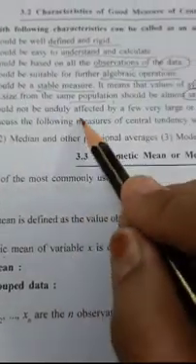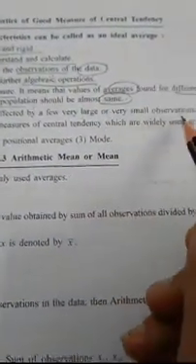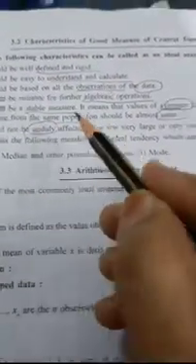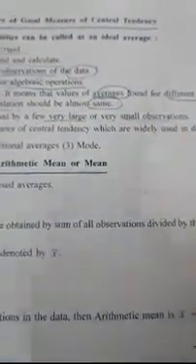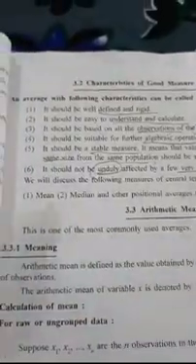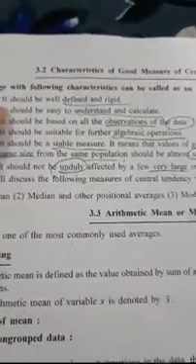It should not be unduly affected by a few very large or very small observations. The particular data should not be affected by very large or very small observations. It should be very appropriate. So here are the six characteristics. Data should be defined and rigid.